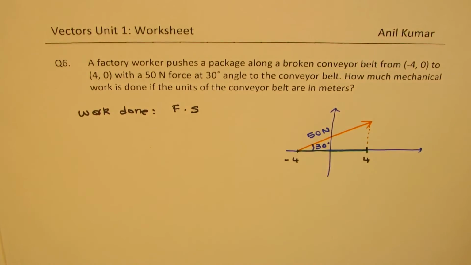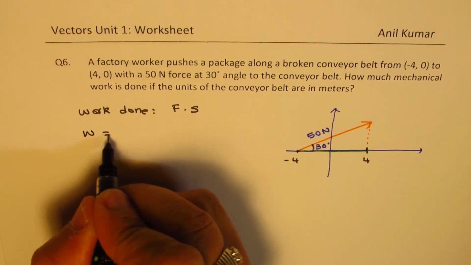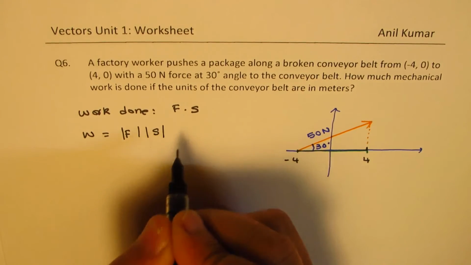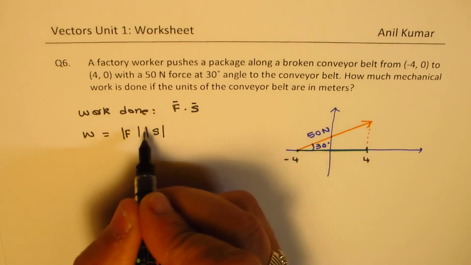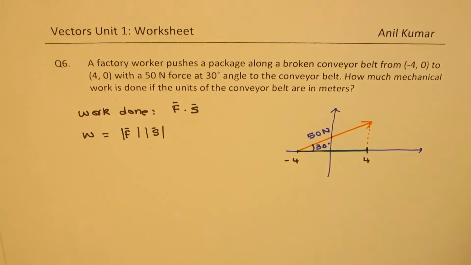When we say dot product, work done W is the magnitude of force times the magnitude of displacement times the cos of the angle in between, which is cos of 30 degrees. You can write them as vectors or make them bold, but work done is a scalar quantity.